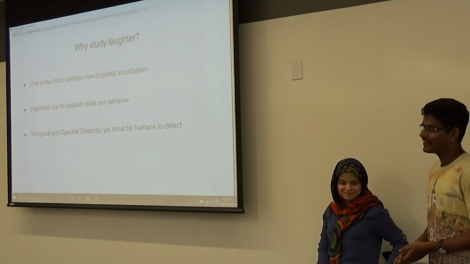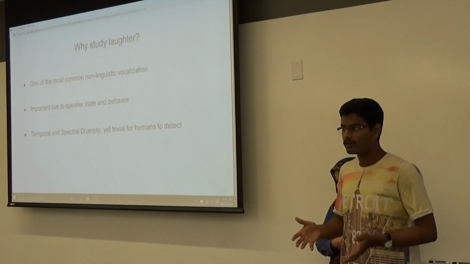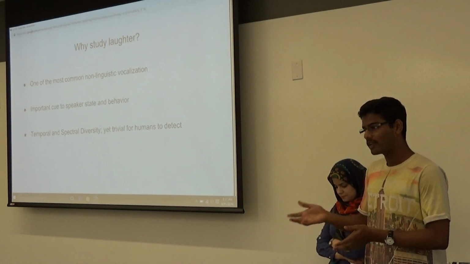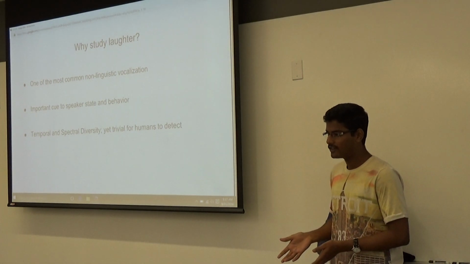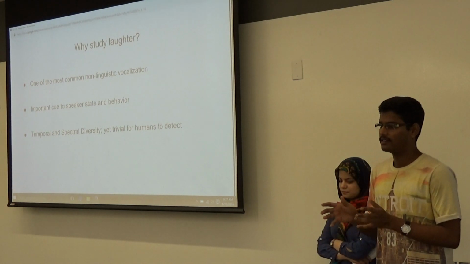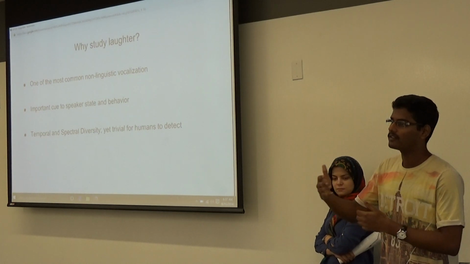It's a very important cue to what the speaker is feeling or intends to communicate. With the exception of sarcasm, laughter is a dead giveaway of highly positive emotions and significant involvement with what the speaker is trying to communicate.